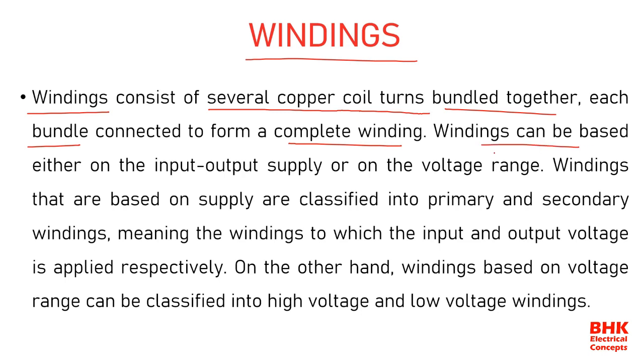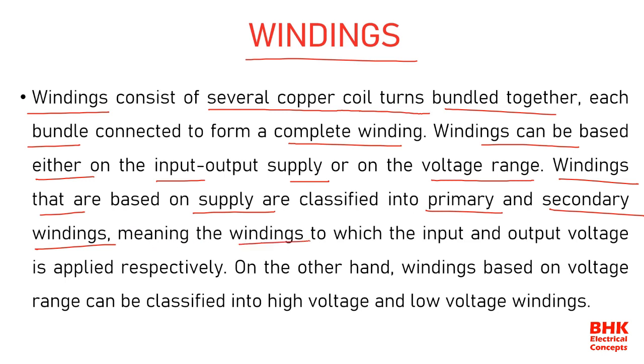Windings can be based either on input and output supply or on the voltage range. Windings based on the supply are classified into primary and secondary windings, meaning the windings to which the input and output voltage is applied respectively.